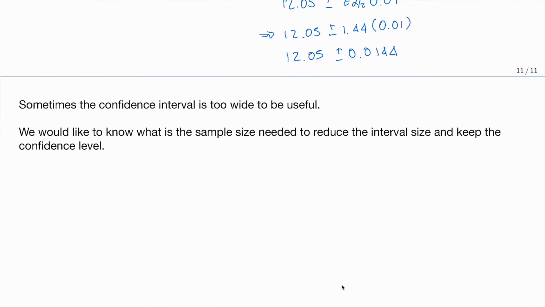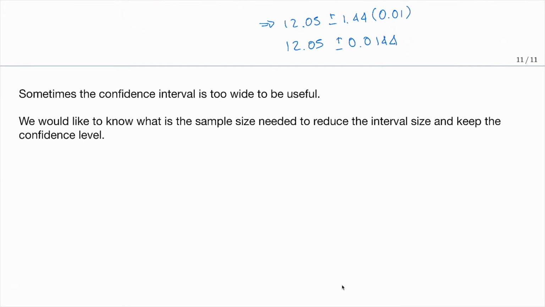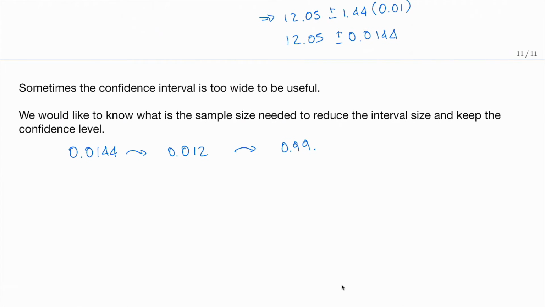So for example, let's say that in this case we want to reduce the confidence interval from 0.0144 to 0.012, and the percentage of confidence in particular will be 99%.